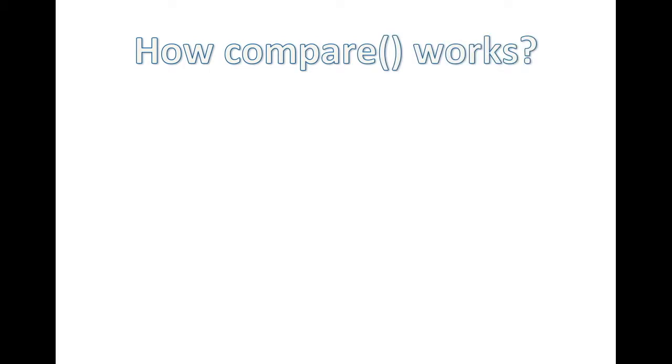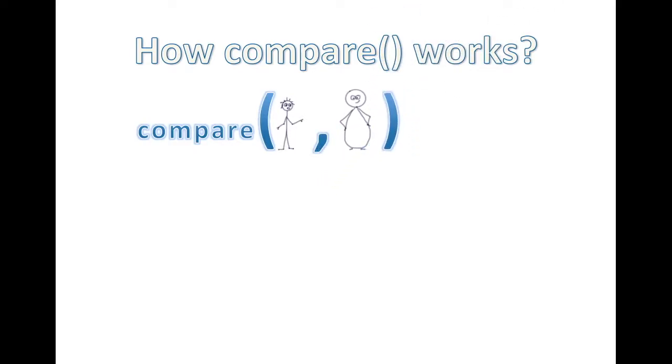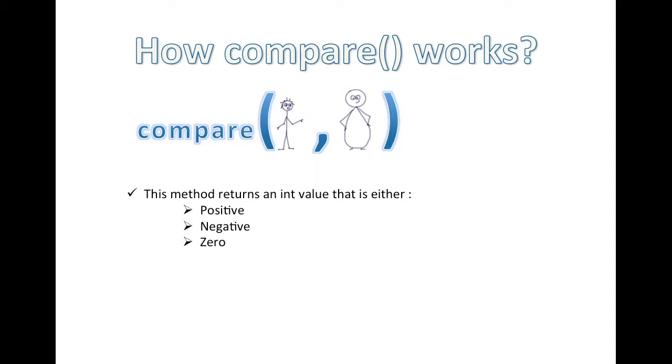Now in the Comparator interface, we need to override the compare method. How does the compare method work? This method returns an int value that is either positive, negative, or 0, similar to the compareTo method of the Comparable interface.